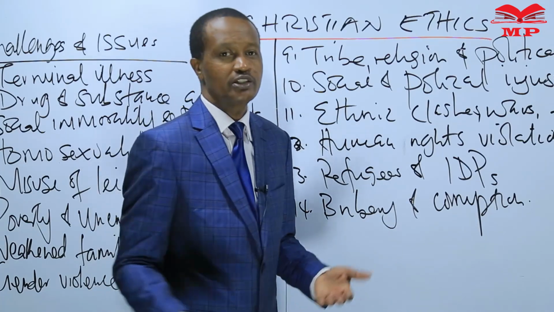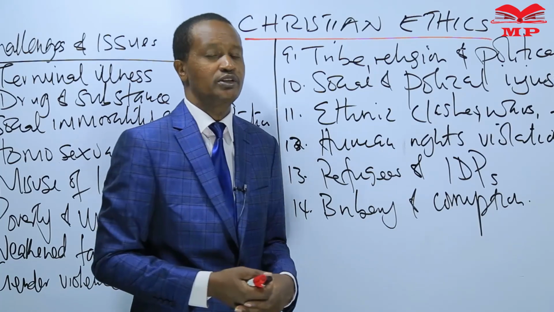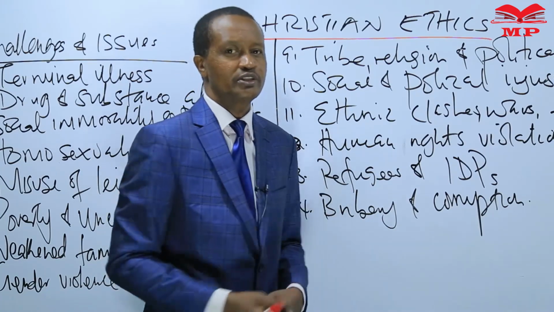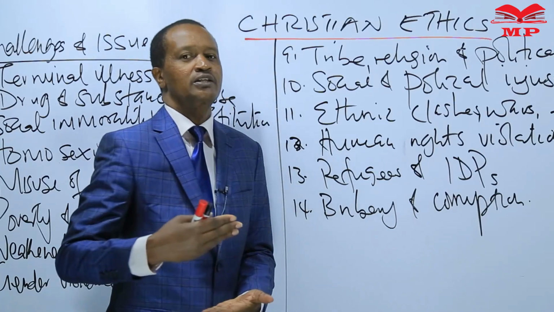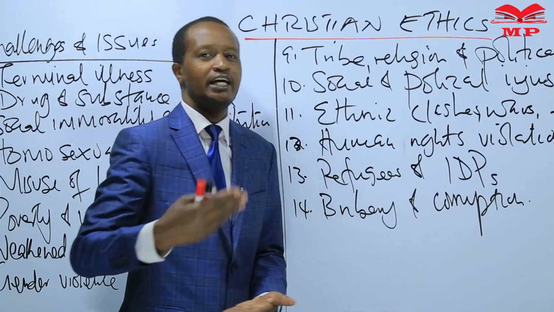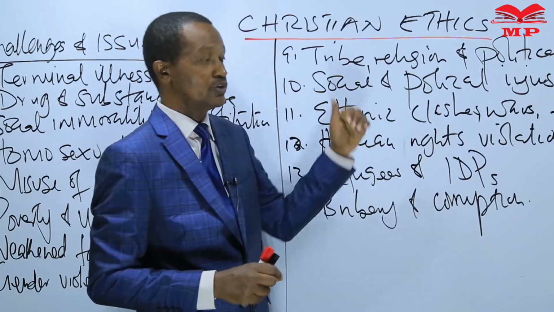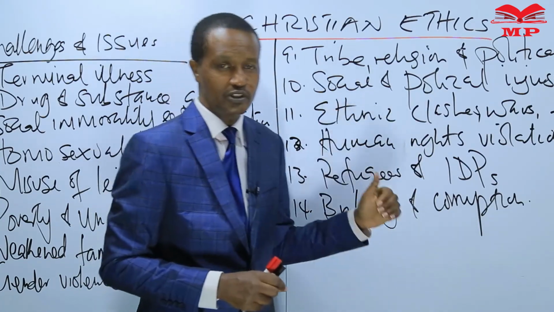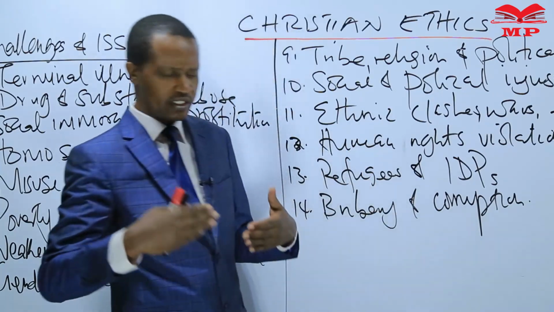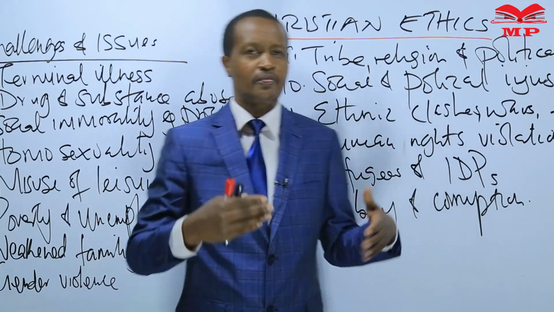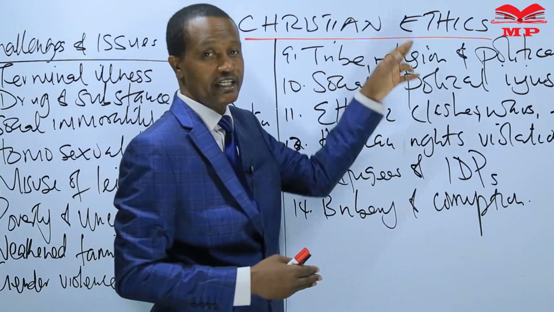That is in accordance to the book of Galatians chapter 5. We'll look at that at some point as we continue in our study. So a Christian learner should lead a life that gives him or her an identity as a child of God. In our subsequent lesson, we'll be looking at some of the basis of Christian ethics.